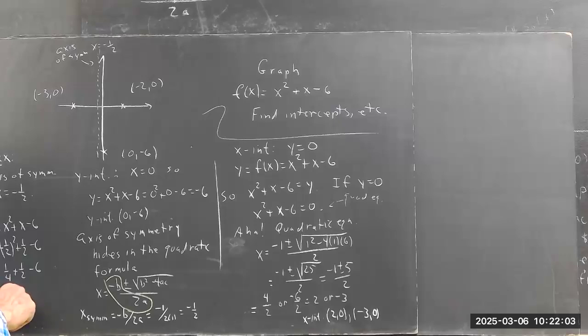We can say that's 1/4 plus 2/4 minus 24/4. Okay, and now it's easy to add. That gives us 1 and 2 is 3 minus 24, negative 29/4.